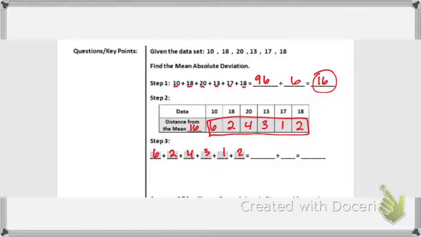Okay. We get 6 plus 2 plus 4 plus 3 plus 1 plus 2 is 18. There are 1, 2, 3, 4, 5, 6 numbers, so we're going to divide 18 divided by 6, and we get 3. Since 3 is a low number, this is good, there's likely no outliers.